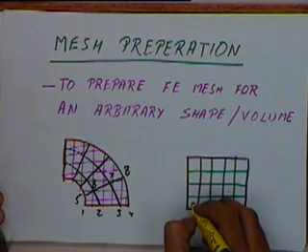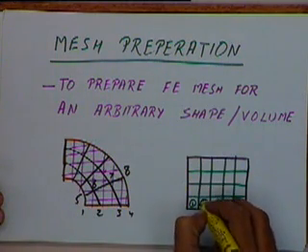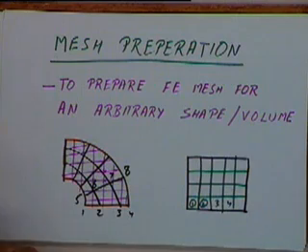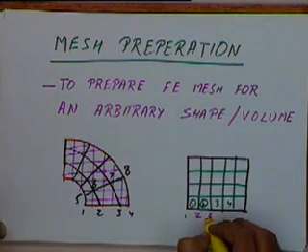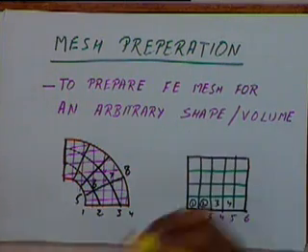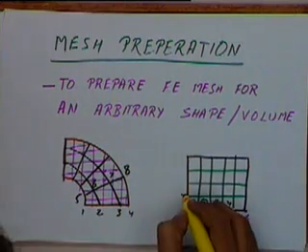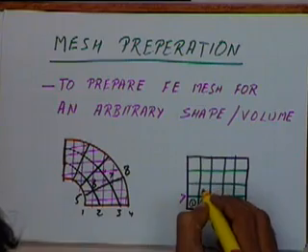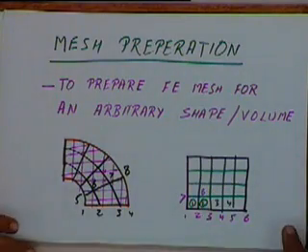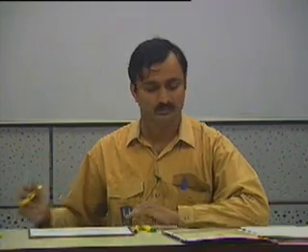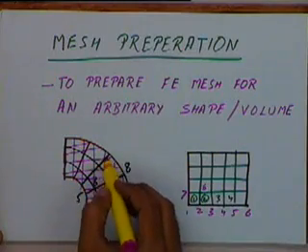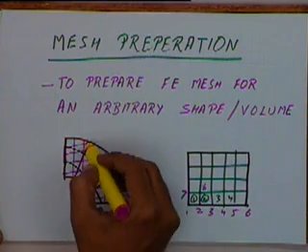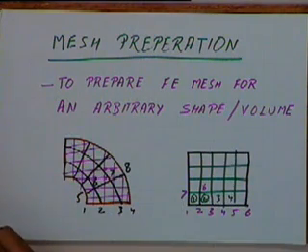Let us say this is element number 1, 2, 3, 4 and so on, and my node numbers can be 1, 2, 3, 4, 5, 6 and so on, 7, this one will be 8, etc. But if I have an arbitrary shape, then getting the coordinates of each and every node, we need some algorithmic method for doing that.